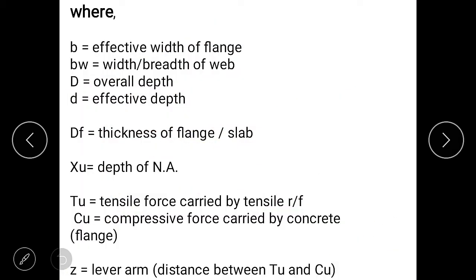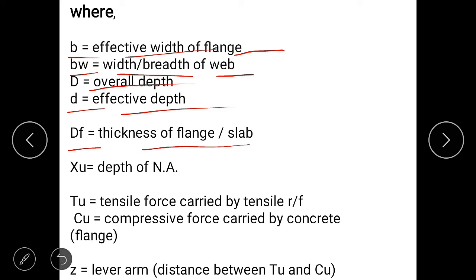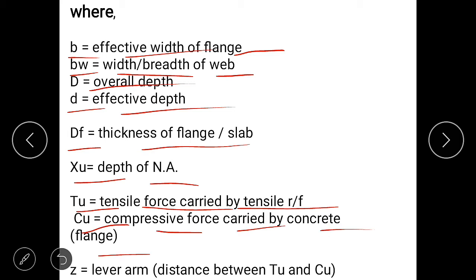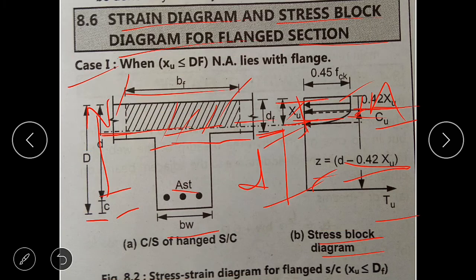So here BF is the width of flange, BW is the width or breadth of web, D is overall depth, small d is effective depth, DF is thickness of flange, XU is the depth of neutral axis, TU is the tensile force carried by tensile reinforcement, CU is the compressive force carried by the concrete flange, and Z is the lever arm, the distance between TU and CU.